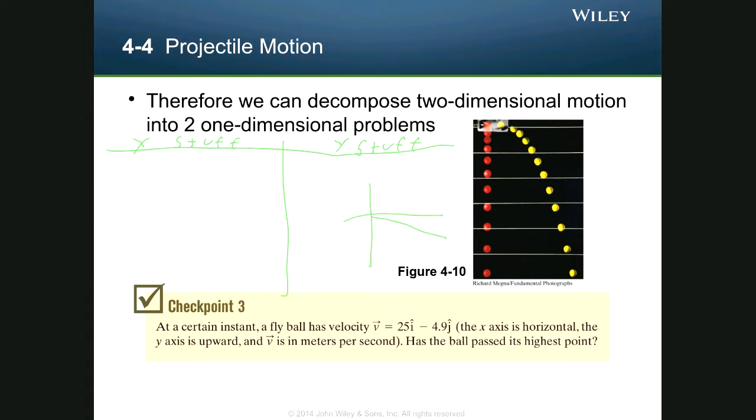So let's break it up into regions, right? Let's do the highest point, and let's notice some things. So we have our initial point, right? Our top point, and our final point. And I want you to notice that projectile motion will always look like a parabola.